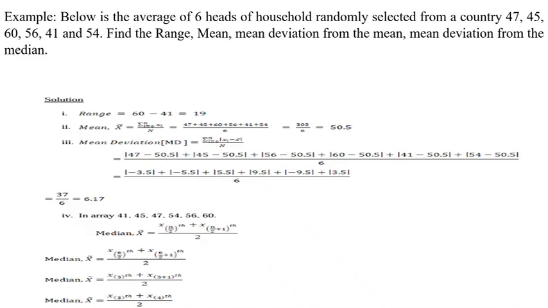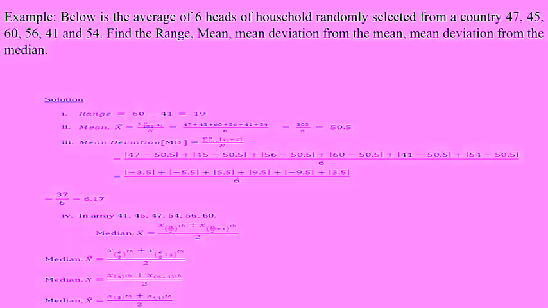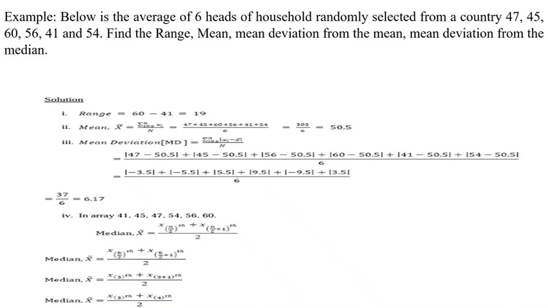So what changes when we take the absolute value of any negative figure is that it changes to positive. That is, it will now be 3.5 plus 5.5 plus 9.5 plus 5.5 plus 3.5 plus 3.5. We add everything together and divide by 6. That will give us 37 divided by 6, which is 6.17.